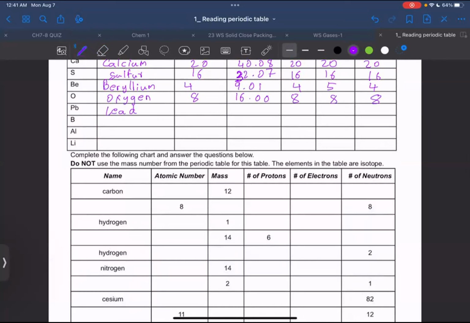Lead. Boron. Aluminum, or you can say aluminium. Aluminum.